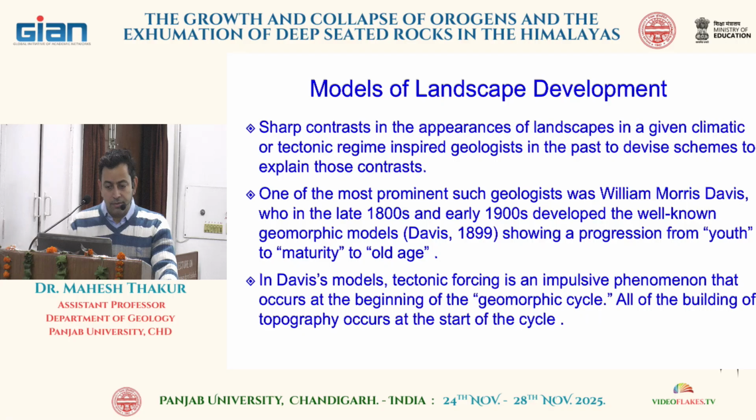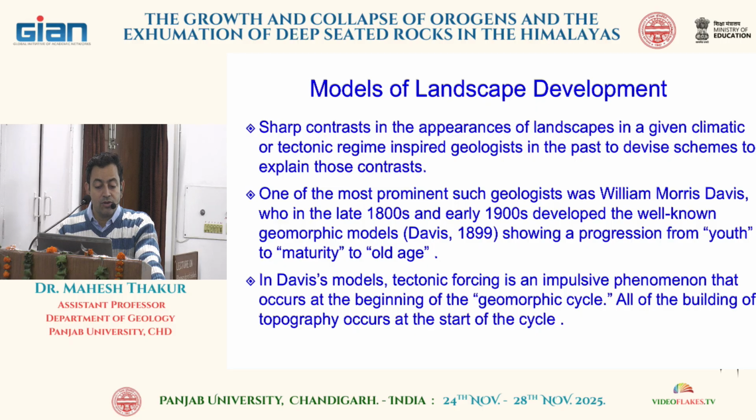So there are some landscape development models which are proposed by different scientists. The first one is the Davis model. Davis proposed in the 1800s and 1900s the concept of youth, maturity, and old age. The tectonic forcing is an impulsive phenomenon that occurs at the beginning of the geomorphic cycle.